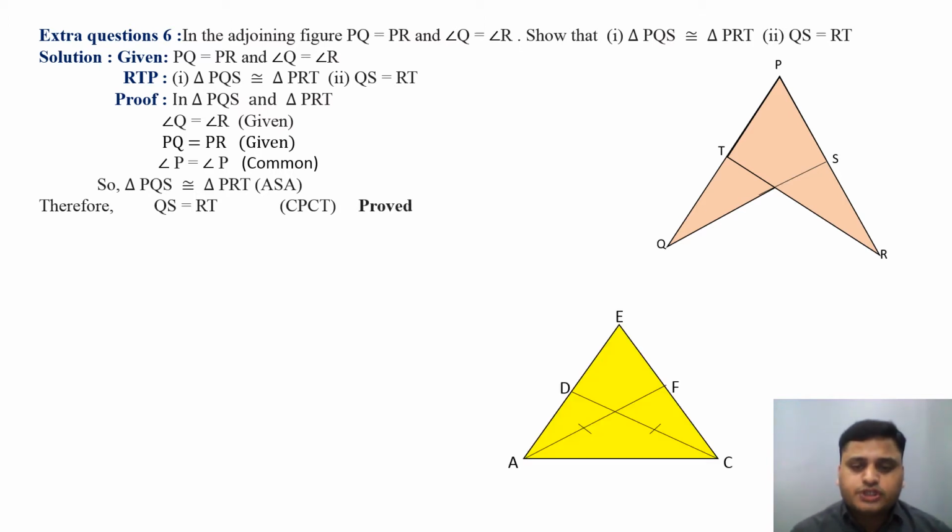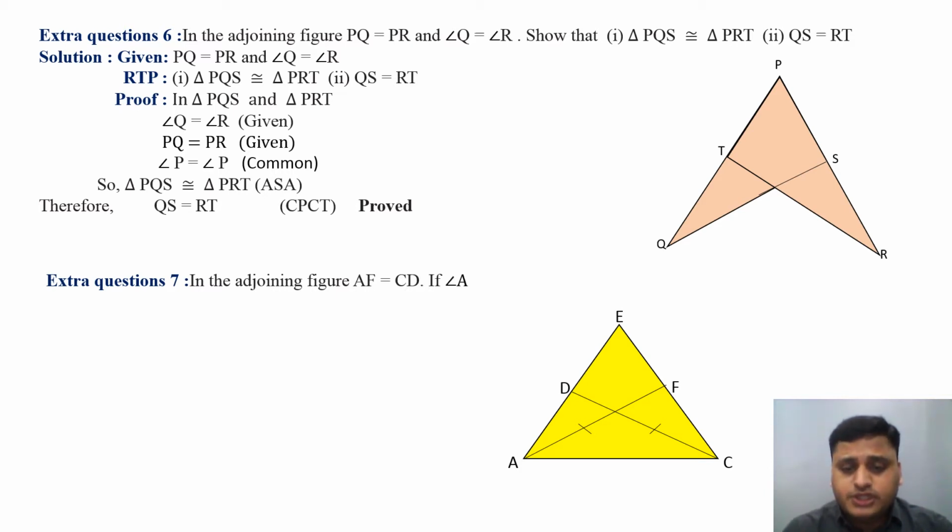Now see the next question. You can all see this figure. In this figure many things are given. This is question number 7 of the extra questions. In this figure, AF and CD are two lines which have been marked to indicate that these two are equal.